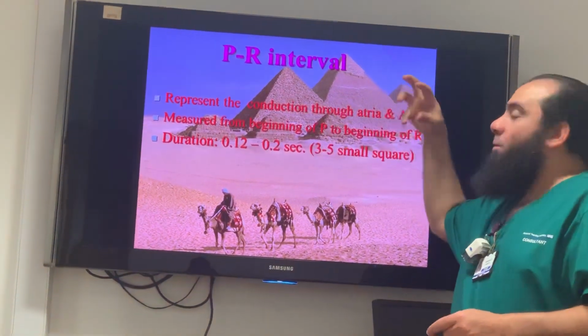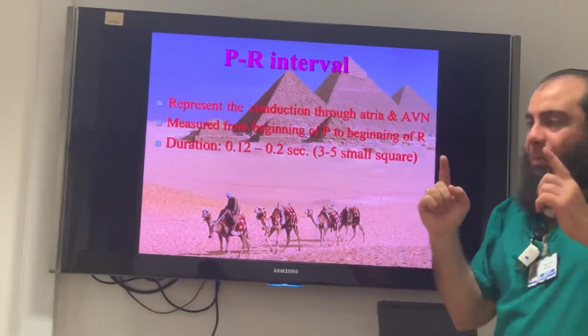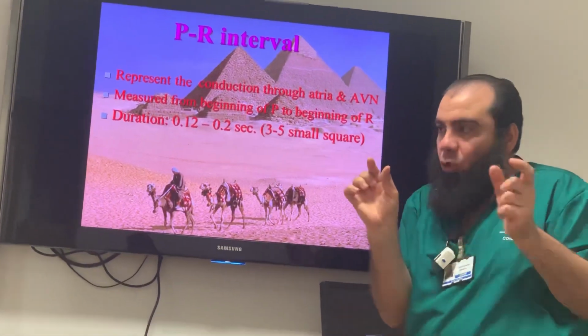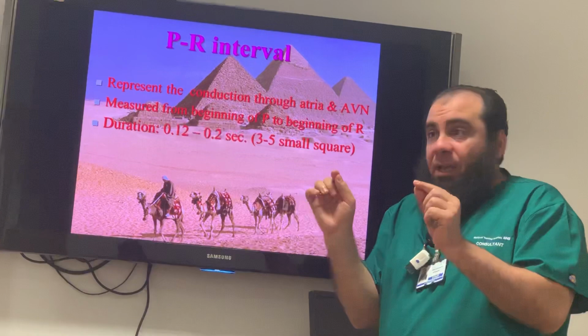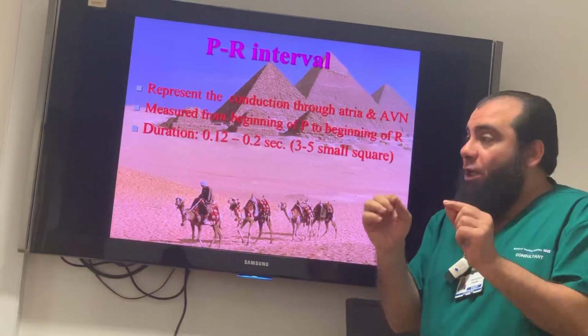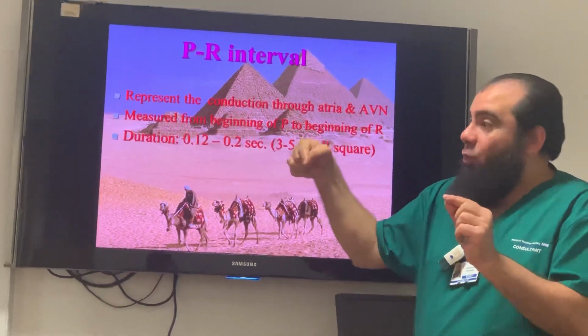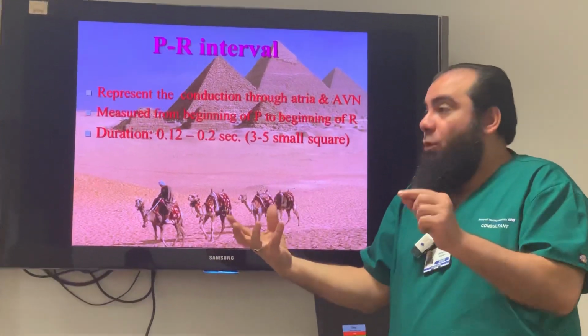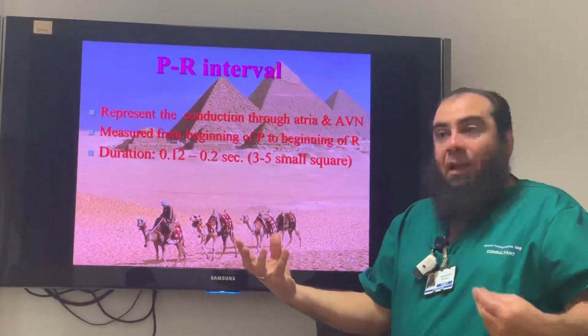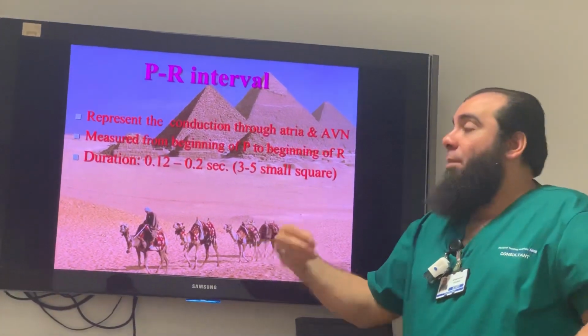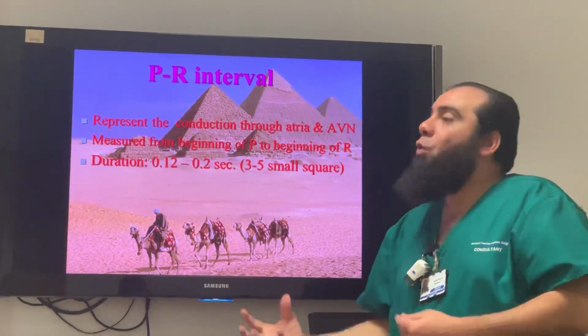So 3 to 5 small squares, measured from the P wave to the beginning of the R wave, represents the conduction from the atria through the AV node. In fact, the PR segment, not the interval, from the end of the P till the beginning of the R, is the delay in conduction done by the AV node. It is a physiological phenomenon to allow the blood to go through from the atria to the ventricle over some time, then the impulse moves to the ventricle to pump the blood.